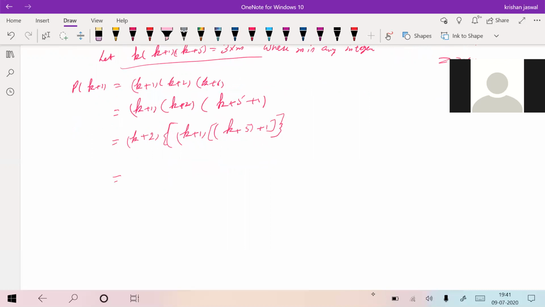Here we will multiply k by the first term, or take one step more: k into k plus 1 into k plus 5, plus k plus 1. Now multiply by k plus 1, k plus 5 plus 5 into k plus 1.